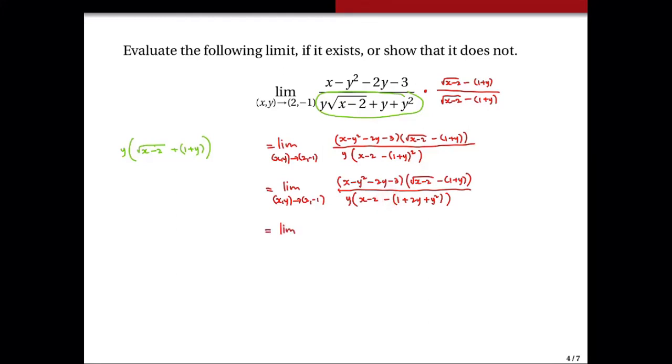So we have y times (x - 2 - 1 - 2y - y²), with x - 3 - 2y - y².